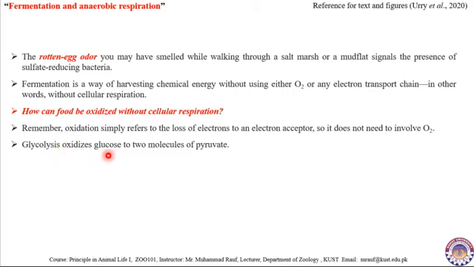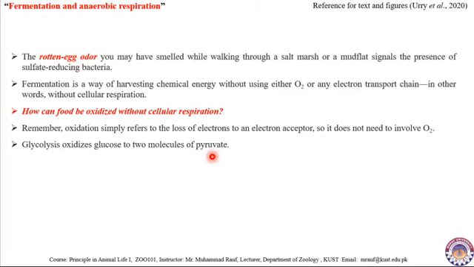Glycolysis oxidizes glucose to two molecules of pyruvate. These are the end products of glycolysis. Pyruvate is a 3-carbon molecule and 2 pyruvate molecules are produced, so all 6 carbons in glucose are still intact in those 2 pyruvate molecules.